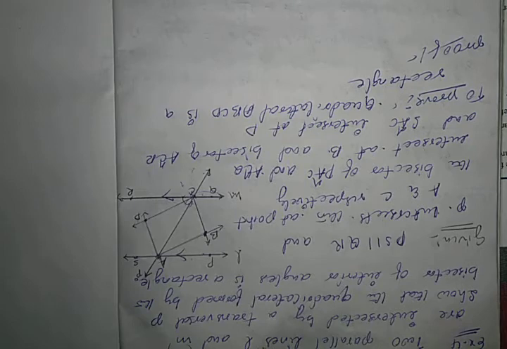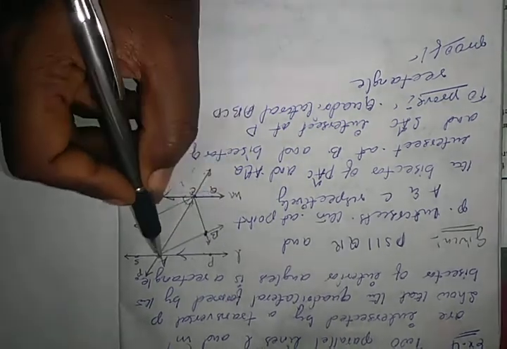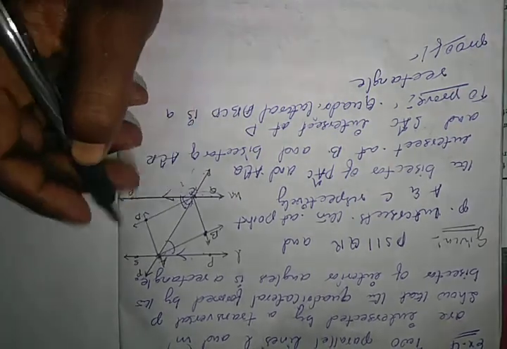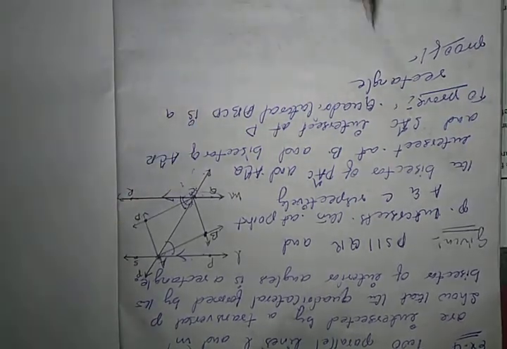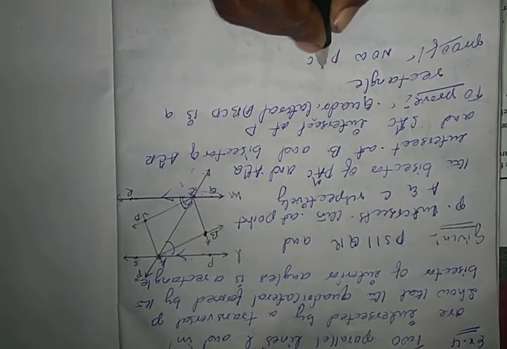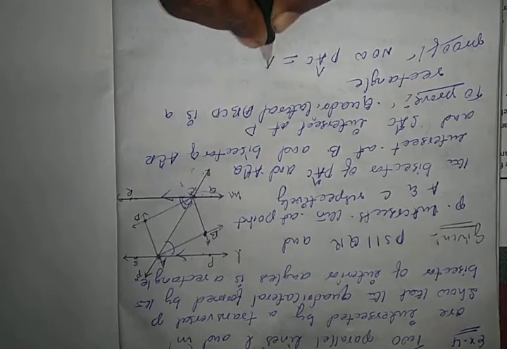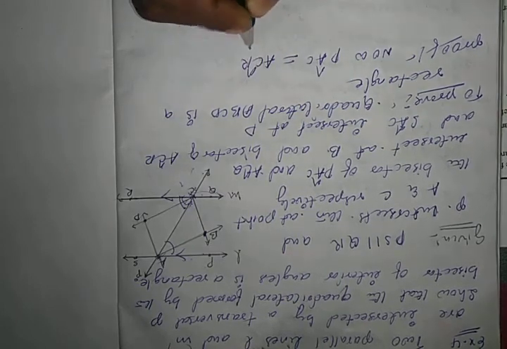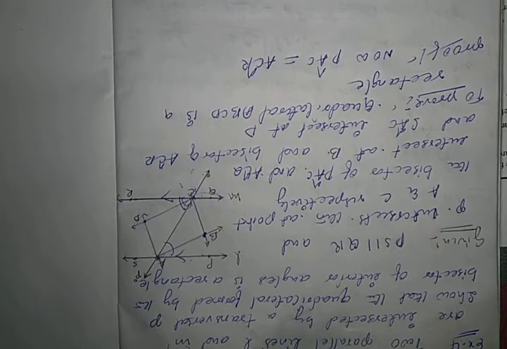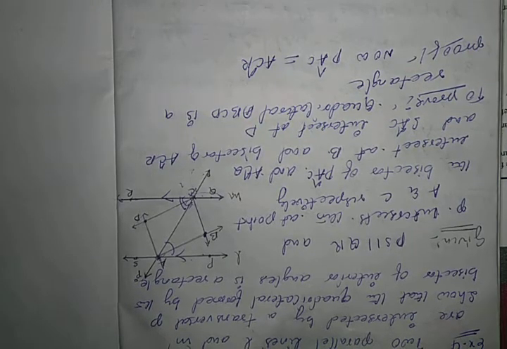Here it is angle PAC. Carefully, angle PAC is equal to angle ACR, because both are alternate angles, as L is parallel to M and P is a transversal.